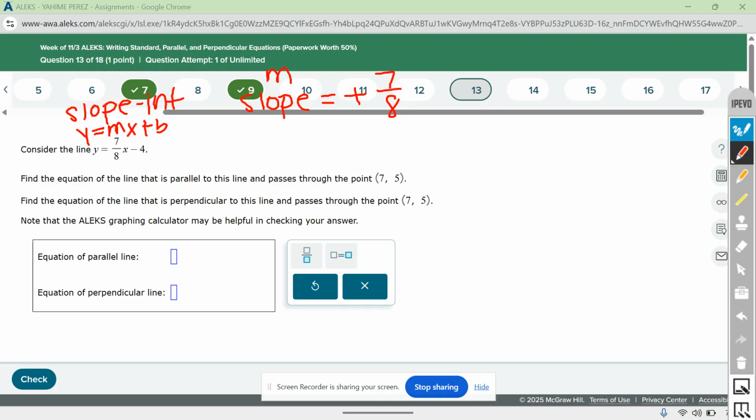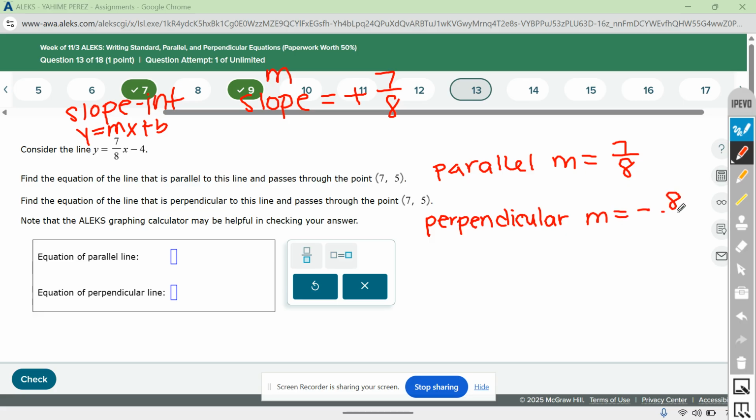So our parallel slope would be positive 7 over 8, and our perpendicular slope would be negative 8 over 7, right? Give it opposite signs and flip it.